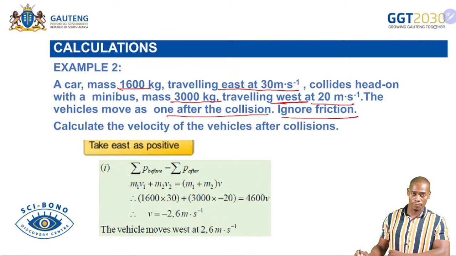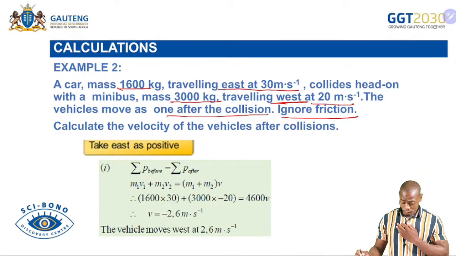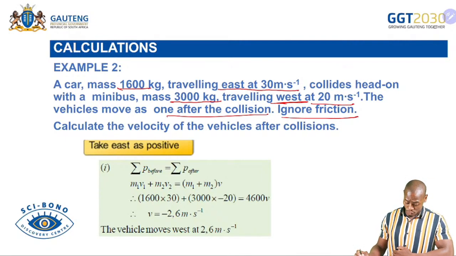Frictional force. So again, yes, we can see that there is a collision between the minibus and the car, but for us to use the principle of conservation of linear momentum, we have to check those three conditions. Condition number one, yes, there is a collision.